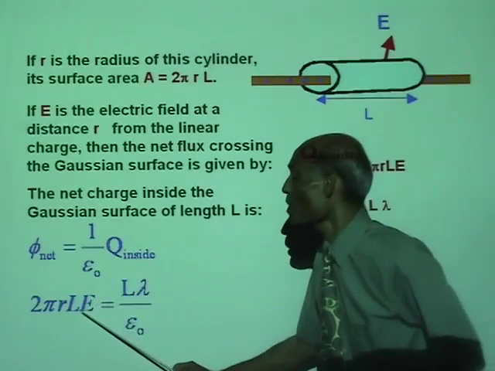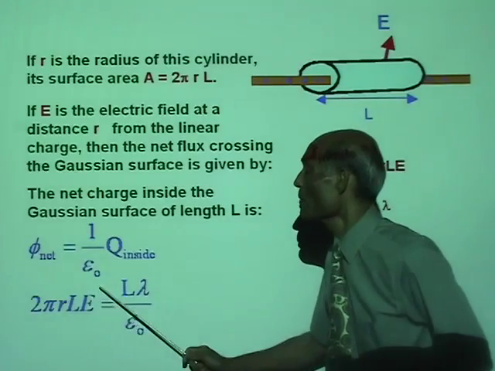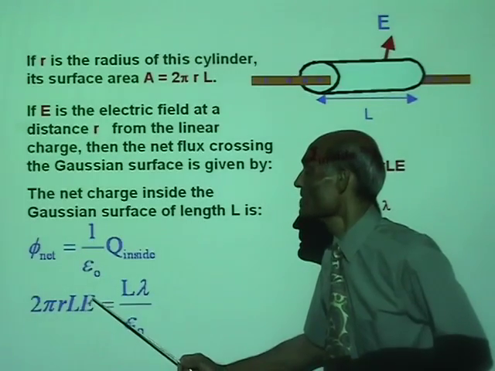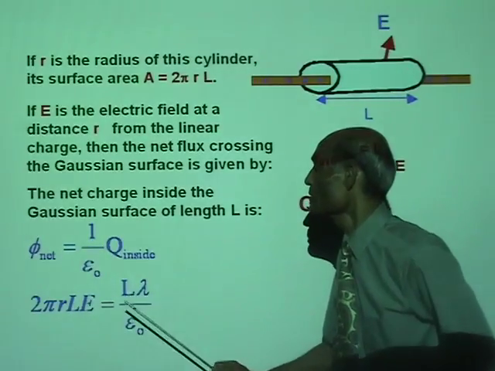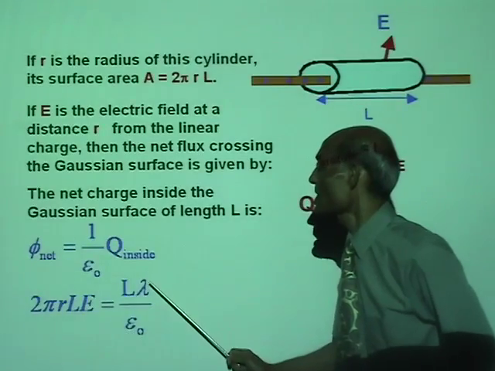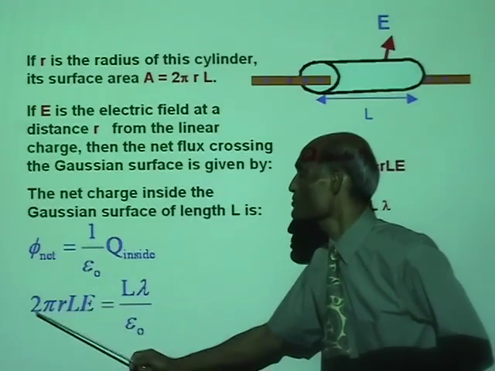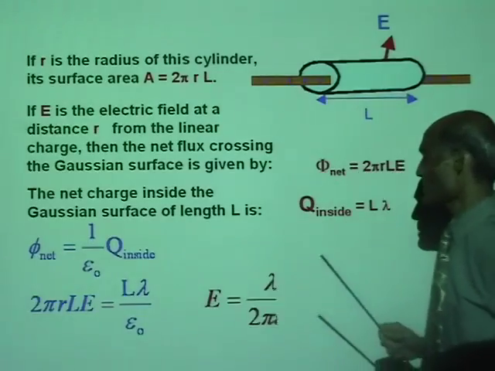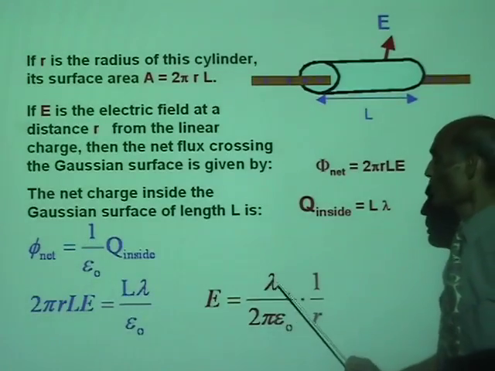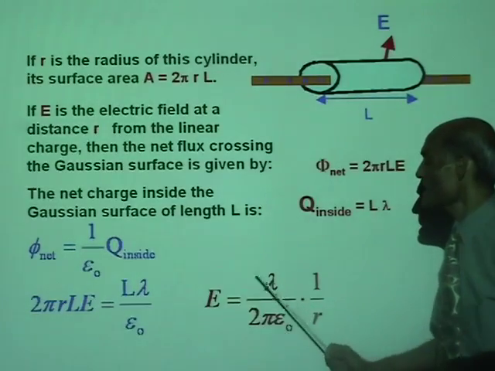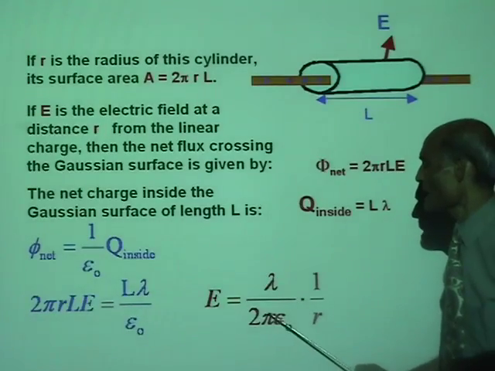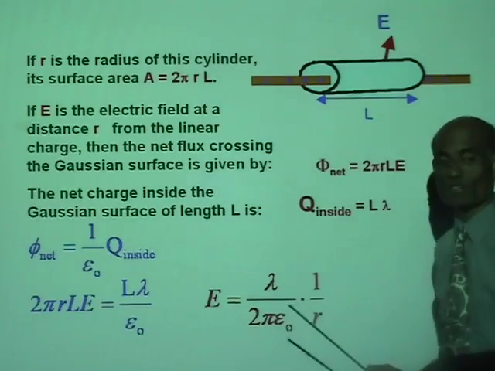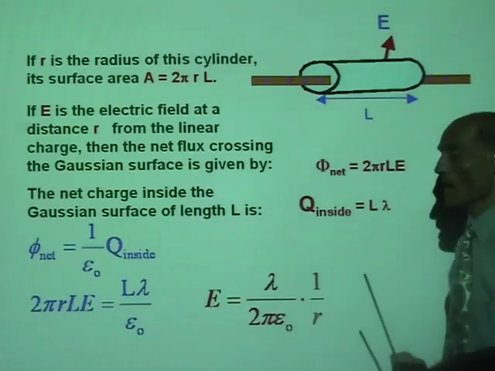And can you solve for E from here? What is E equal to? Now when L and L go, we get E equal to lambda divided by 2 pi r epsilon naught. Or we write it like this: E equal to lambda divided by 2 pi epsilon naught times 1 over r.